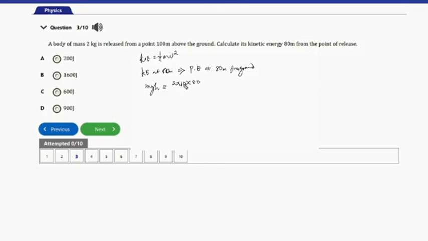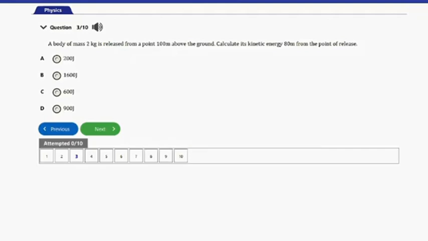So 2 times 10, which is 20 times 80, which is 1600 joules. And that's option B here, guys. So option B is the answer to this question. Let's go ahead and consider the next question.